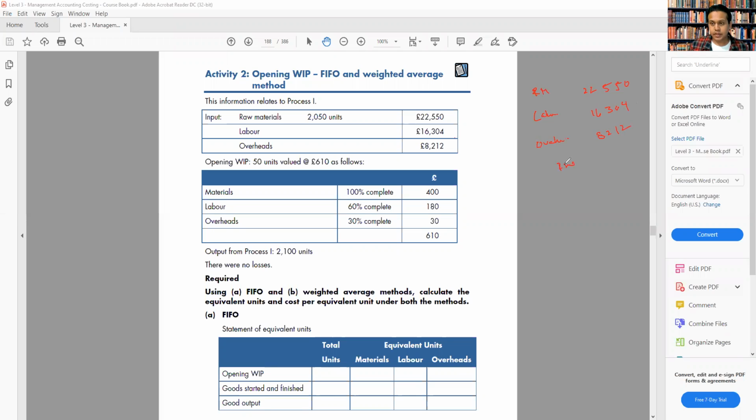Then raw material unit 2050, the closing WIP 50 unit, that's not closing, that's opening, so opening WIP. Then you have material that is 100% complete, labor 60% complete, and we have overhead 30% complete. So for the labor we need more 40% to complete the full unit. For the overhead we need 70% more to complete the whole unit. So that's fine, let's move on.